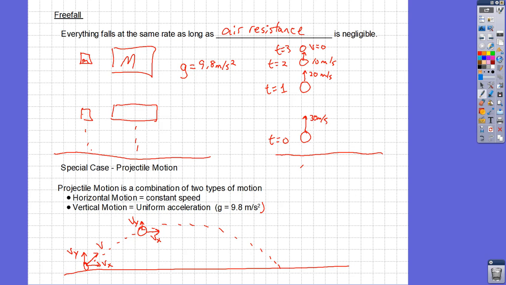So vy gets smaller, and there at the top it still has vx but no vy, and on the way down we still have vx, and vy would now point downward, and so on.